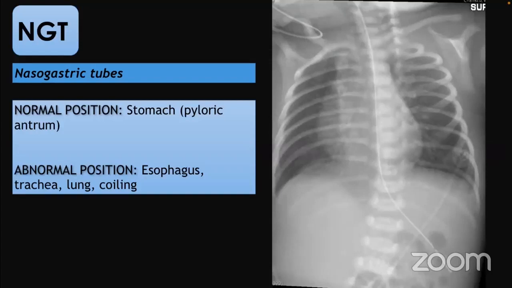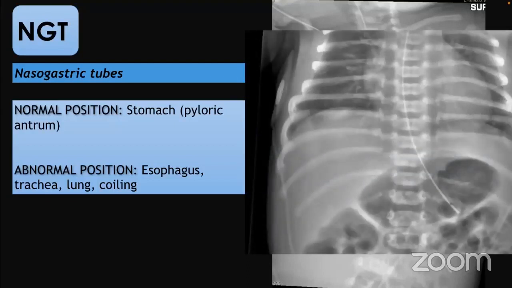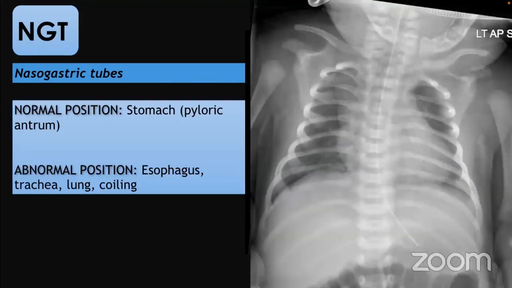Here we have another nasogastric tube which is seen in place. Another nasogastric tube which is seen in place as well. Another one which is seen in place.